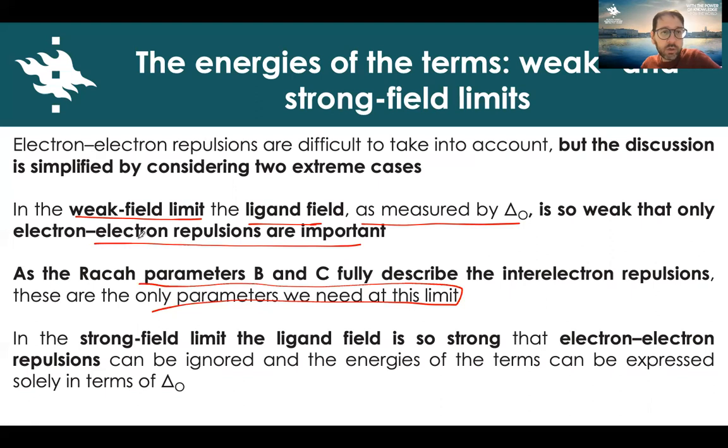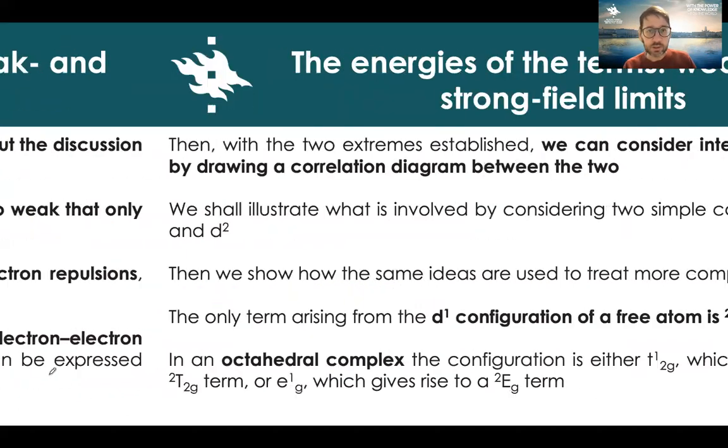And then we can go to another extreme, the strong field limit, in which the ligand field is so strong that the electron-electron repulsions can be ignored. In this case, the energies of the terms can be expressed only in terms of the ligand field splitting parameter.